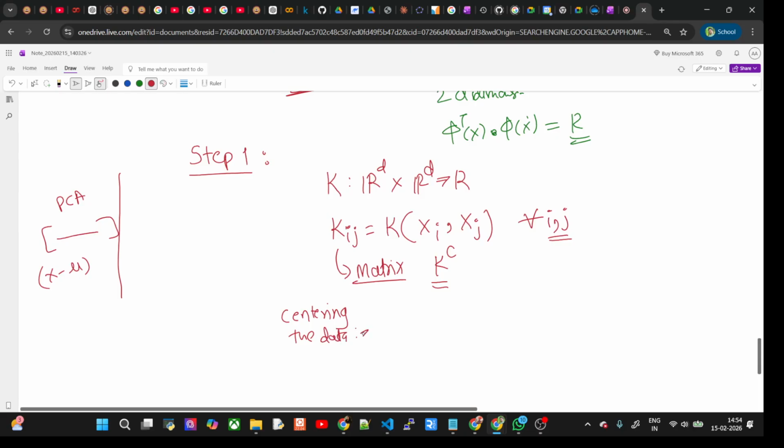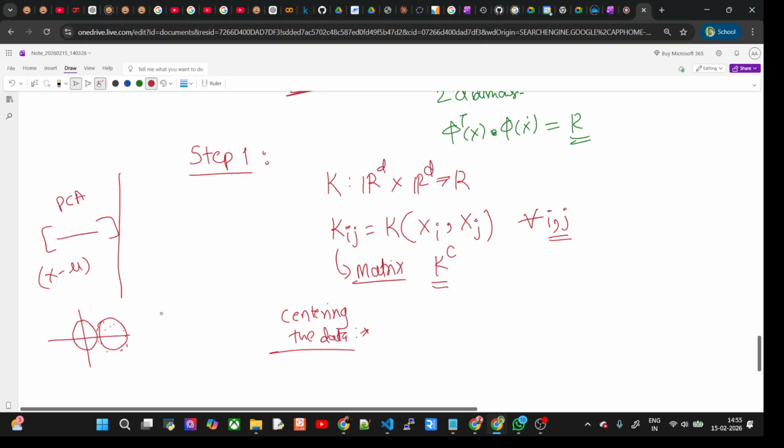This is not the same as what we do in the normal case. In our lecture also sir has shown that in lower dimensions centering is easy, because the data is somewhere here and you get the center. This is okay in lower dimension, but it's not straightforward in higher dimensions.